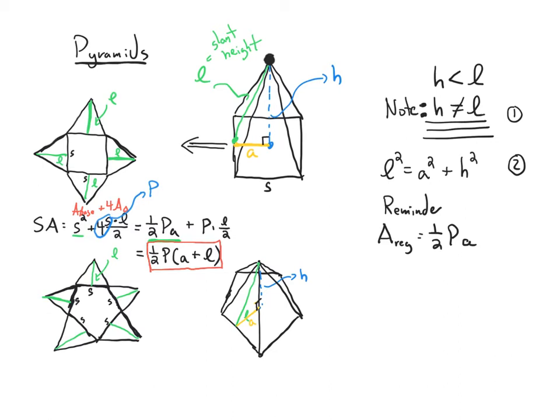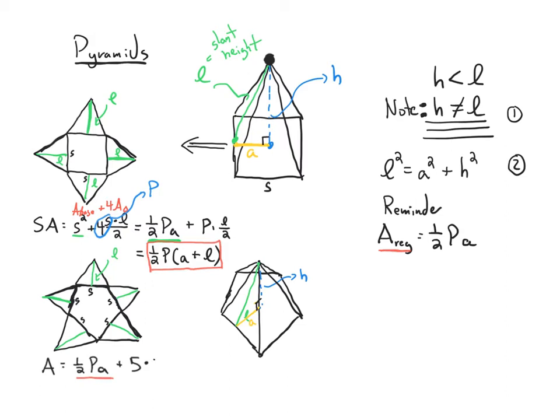If we calculate the surface area in the bottom pentagonal example, we're going to have the same thing. It's a half times p times a. That's the area of the base here. Remember, the area of a regular polygon is half times p times the apothem. Plus, now we have 5 of these triangles, and the triangles all have area base times height over 2.